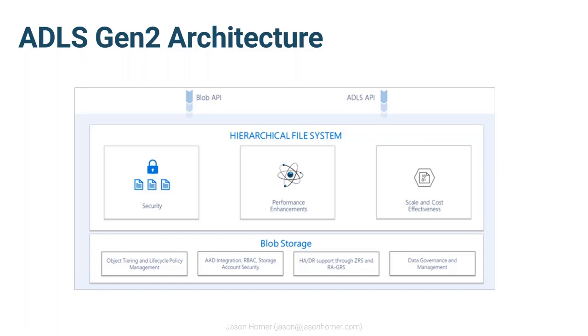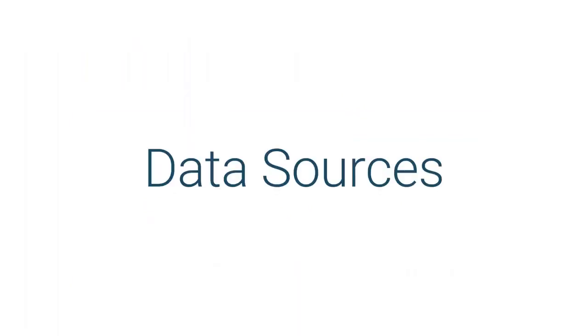And all of those capabilities are built on the Blob storage layer itself, so the ability to do your HADR, your AD integration, your object tiering, and lifecycle policy management is all underpinned by this, whereas in Azure Data Lake Gen 1 you didn't really have that.